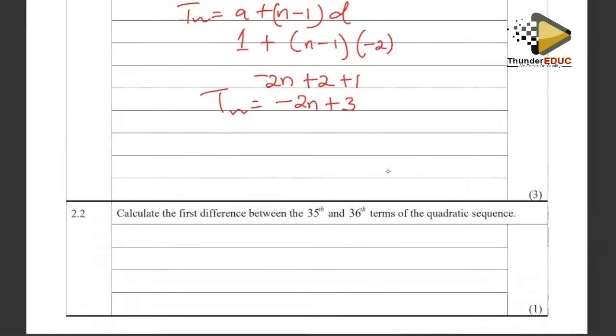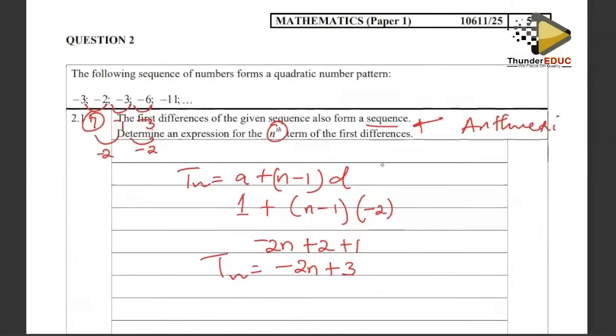Then calculate the first difference between the 35th and the 36th term of the quadratic. One thing you need to know is that term number 1 of the arithmetic is between T1 and T2 of the quadratic. Term number 2 is between T2 and T3. Term number 3 is between T3 and T4.